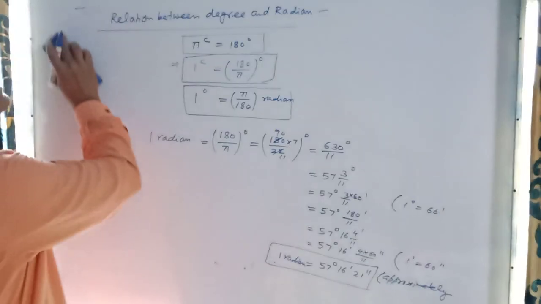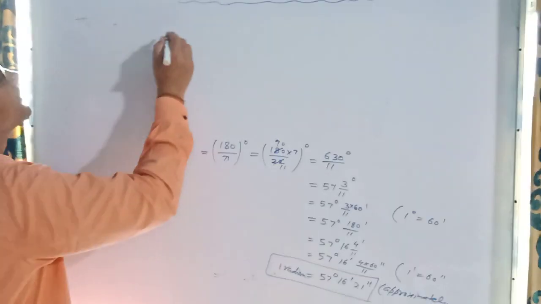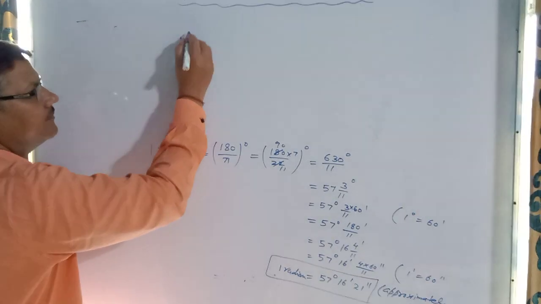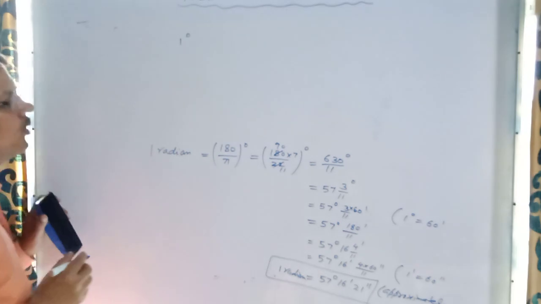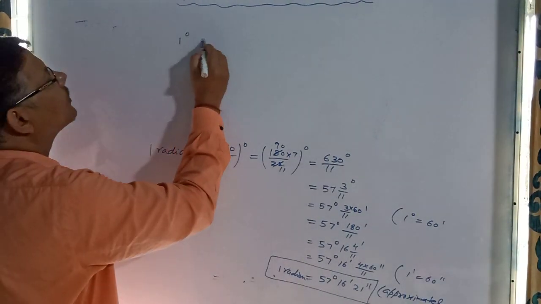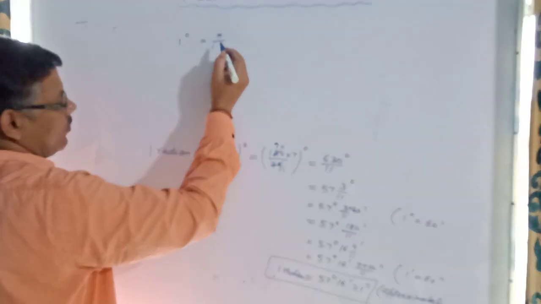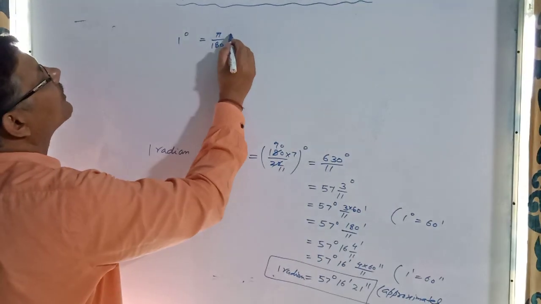Now the question arises, how many radians are there in 1 degree? So we start the relation, that is 1 degree equal to how many radians? That is equal to pi by 180 radian.